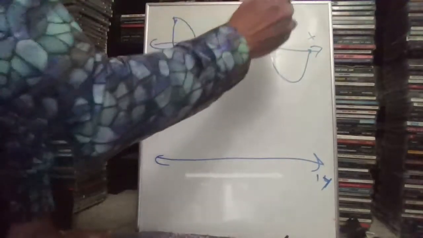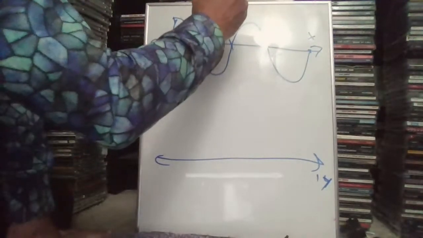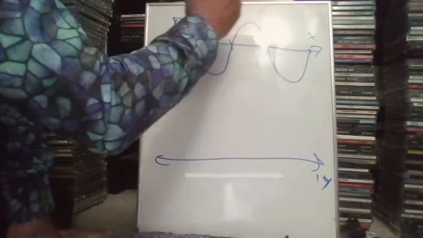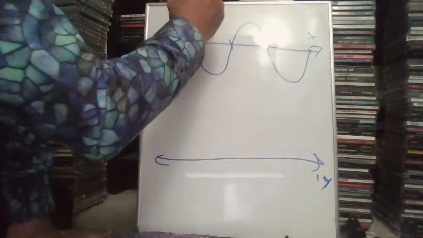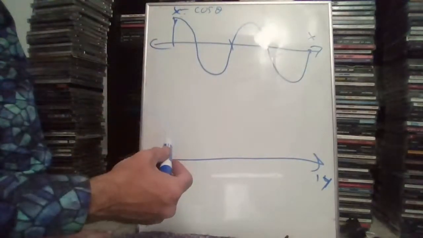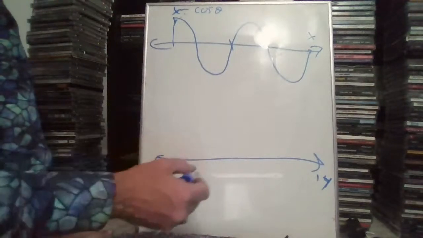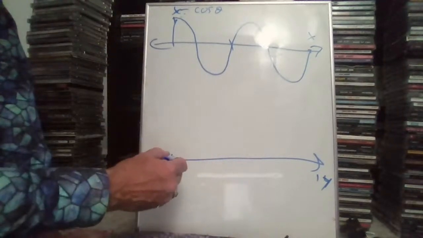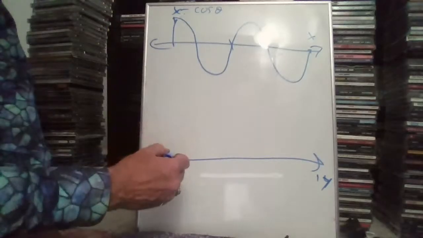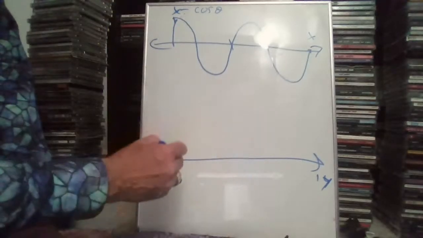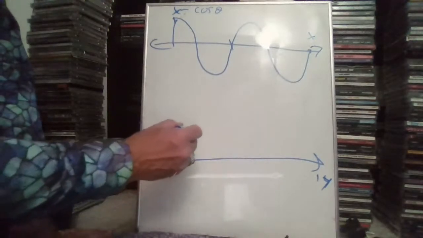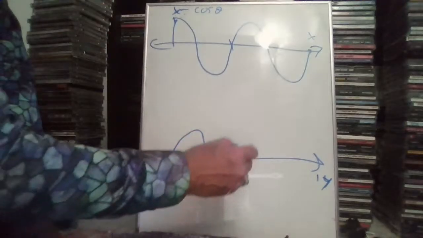That would be the cosine theta, which is the x part, the real part of the periodic complex number, a variable. The sine part, the imaginary part, starts at 0 and goes up to 1, then down.